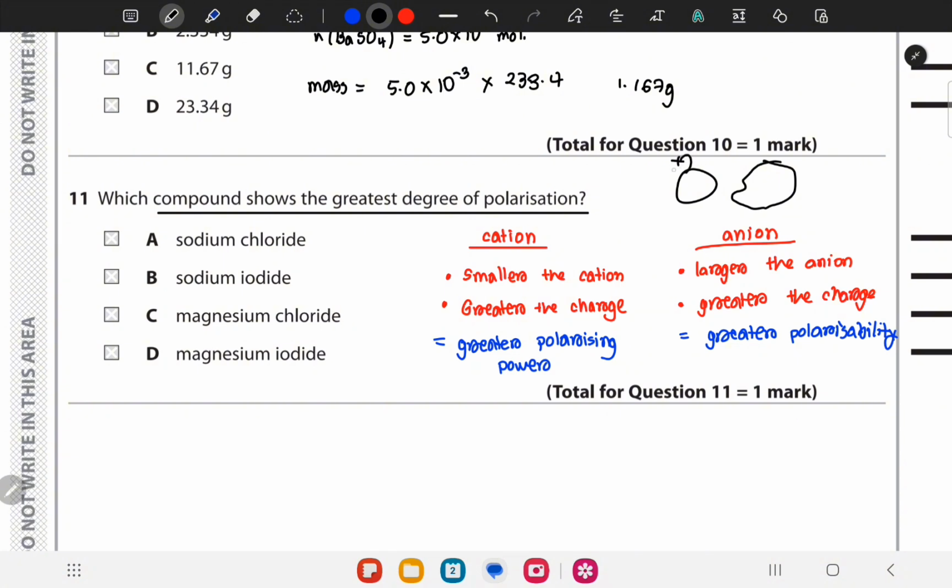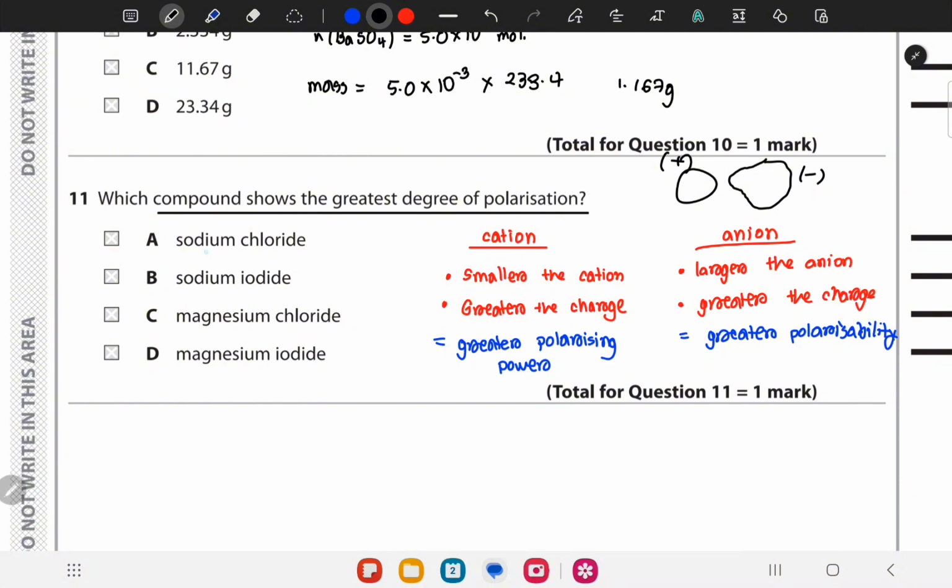So this is the cation, this is the anion. If the anion is larger, it's easier for the cation to polarize the anion. If the cation is smaller, it's easier for the cation to polarize other anions. And if the charge is greater for both of them, the polarization increases between them.